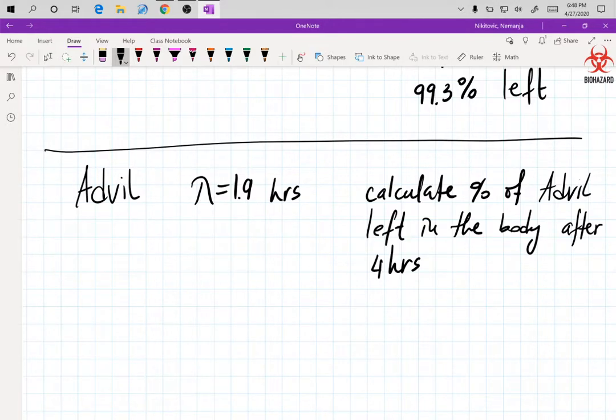So I'm going to say, let's see, what's left after 4 hours.